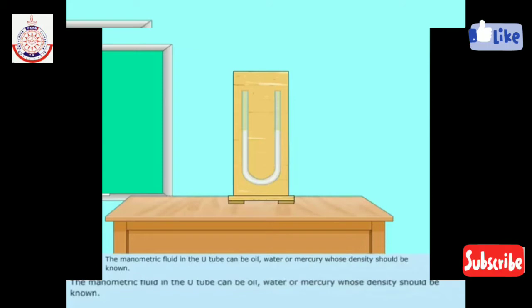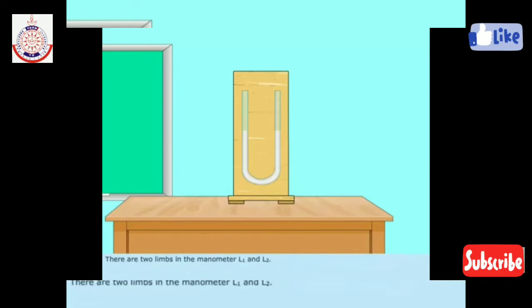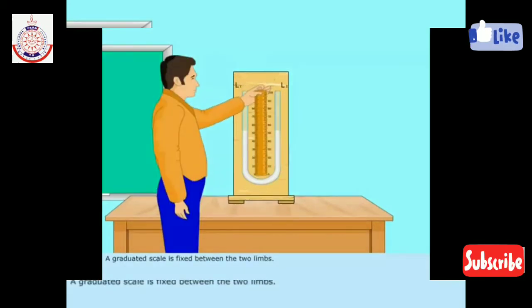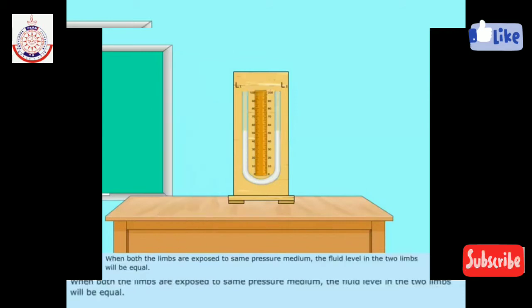The manometric fluid can be oil, water or mercury, whose density should be known. There are two limbs in the manometer, L1 and L2. A graduated scale is fixed between the two limbs. When both the limbs are exposed to the same pressure medium, the fluid level in the two limbs will be equal.